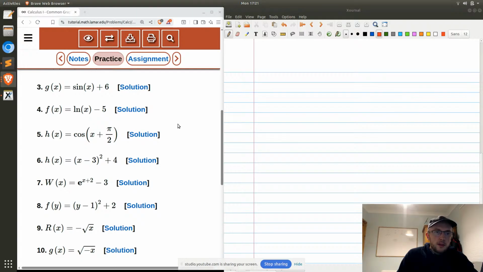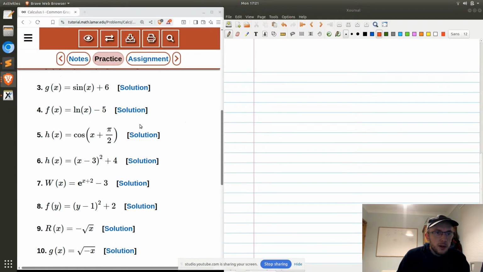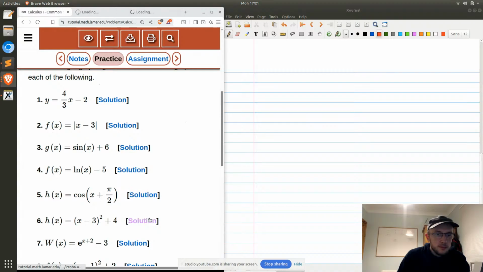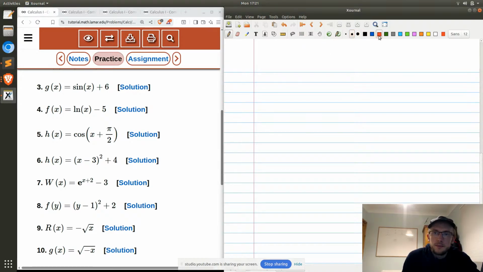Okay, f of x is ln of x take 5. Oh my, okay, so I better get a move on. Well now, f of x is ln of x take 5. Well, what's the usual ln of x graph like? Something like that.